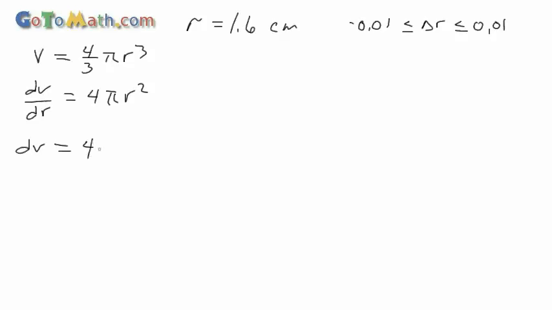It's equal to 4 pi r squared times dr. Now remember, we're approximating the volume. So this is kind of like dy is equal to the change in y. We're going to consider these two to be approximate.